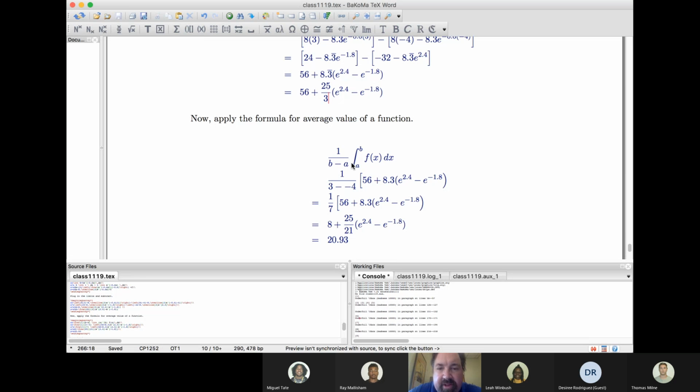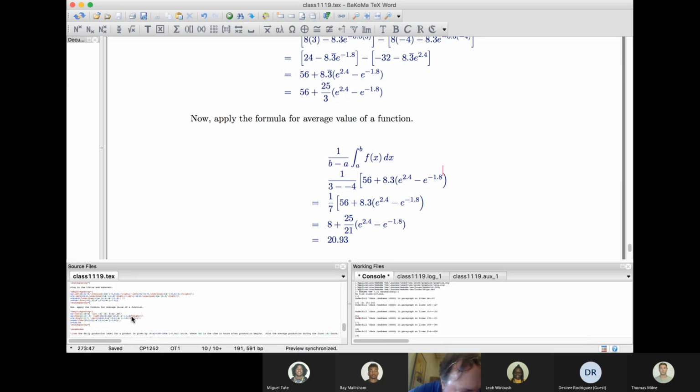So we use the formula for average value. We just have to remember to divide by b minus a. So the value of the definite integral is substituted in here.